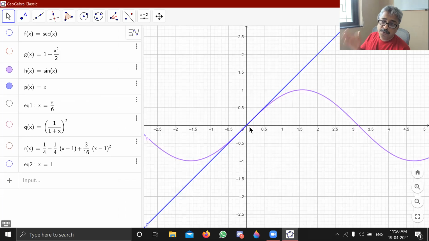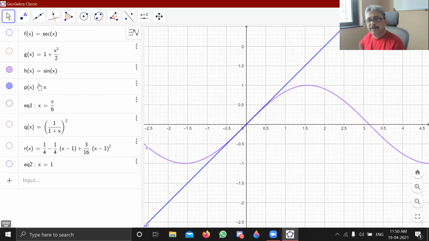Okay. Now suppose if you want the third term, what will be the cubic approximation of sin x? Can somebody do it and tell what should be the next term? If I want to include the cubic term, which is the third derivative of sin x evaluated at 0, it will be 0. Yes or no?